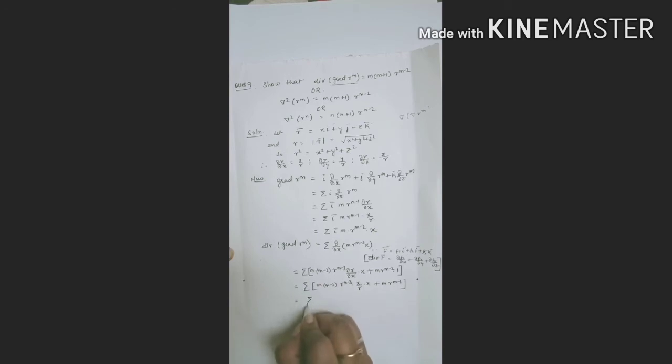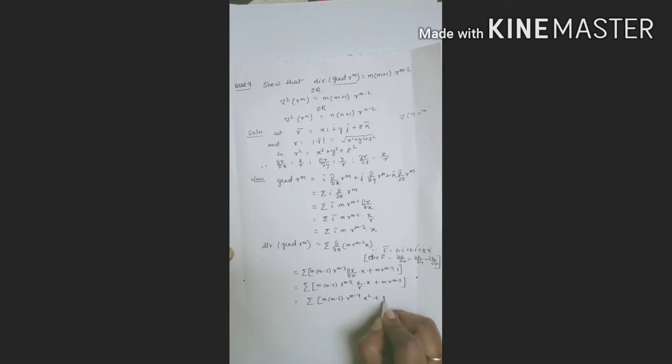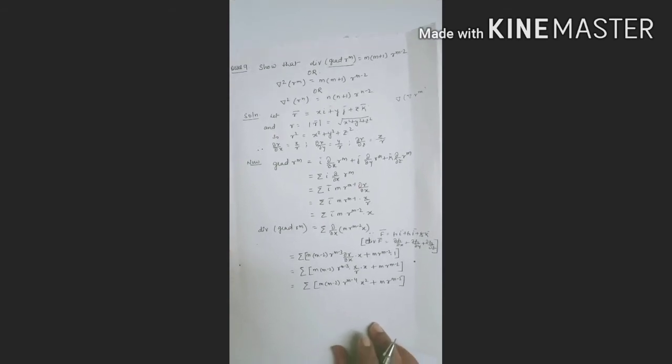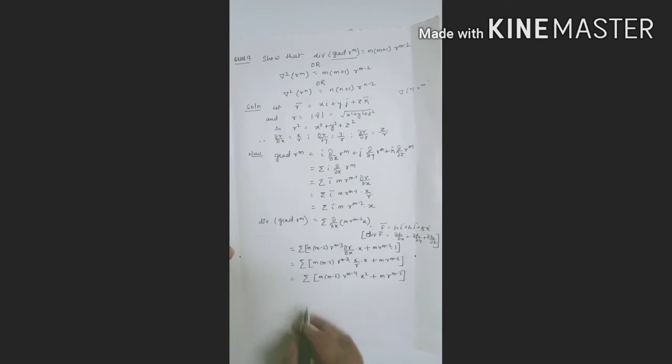So this becomes summation of m minus 2 r to the power m minus 4 into x square plus m r to the power m minus 2. It's a little lengthy, but nothing to worry about, just follow the steps one by one. You will reach your answer.